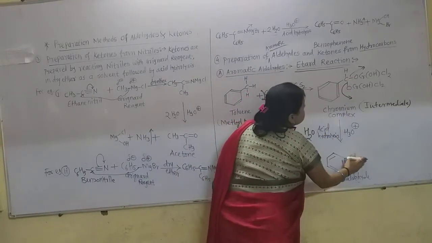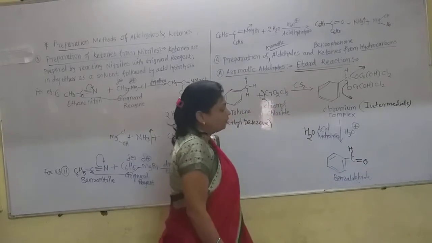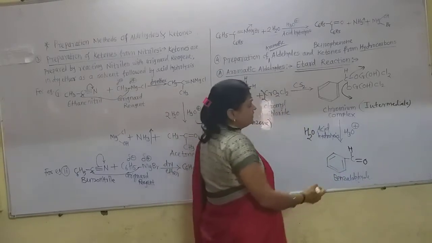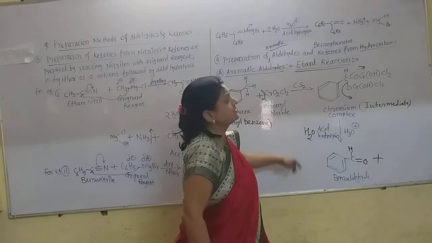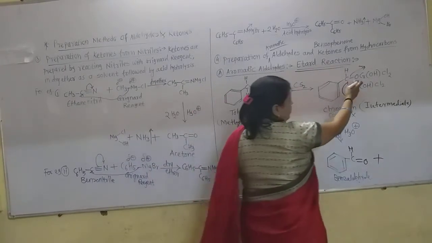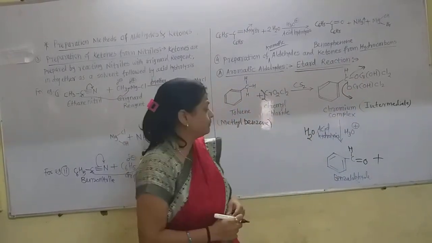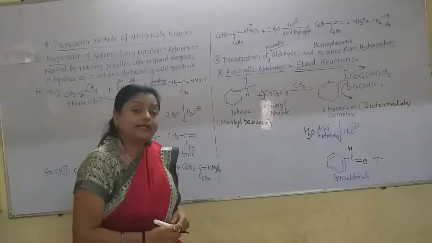Now this is in this way, CH double bond O. Now this is the aldehyde group, CHO group. This is benzaldehyde. And which byproducts are there? Now these two hydrogens are still there. Now these oxygen may get added to these two hydrogens, and there is the byproduct. But our main product is the benzaldehyde, which is the aromatic aldehyde.